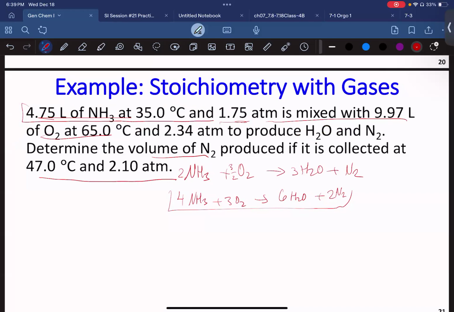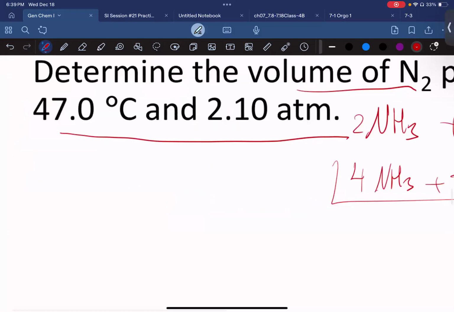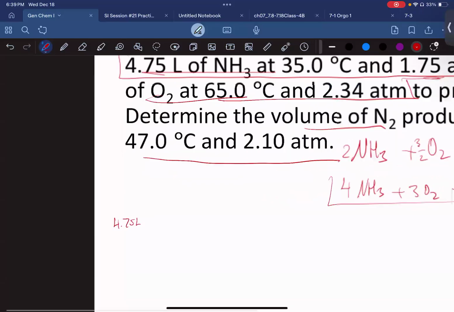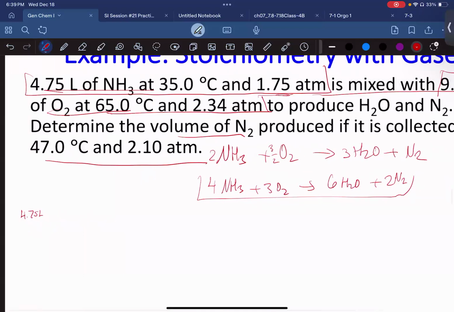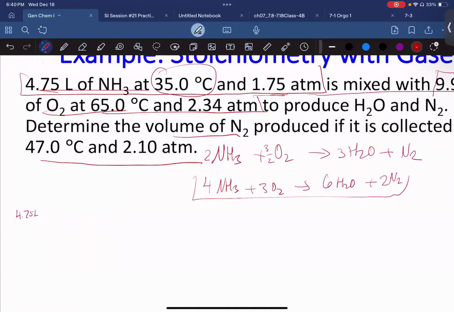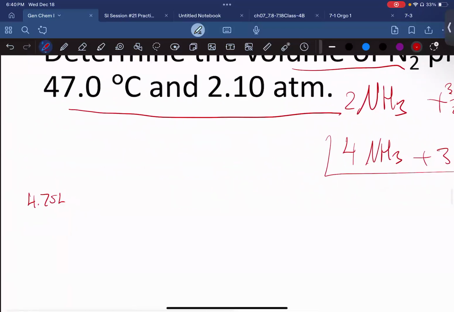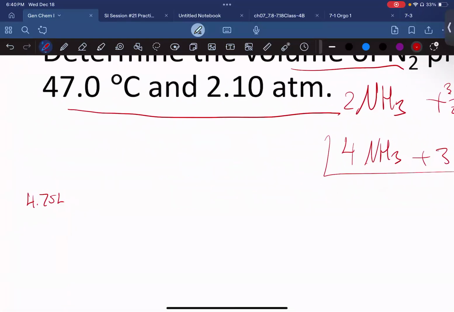This is all the stuff for ammonia, and this is all the stuff for oxygen. Let's list it out, because I believe that's what he did in class. Another important thing is that you convert all temperatures to Kelvin. So 35 plus 273 is 308, 308.15 Kelvin.